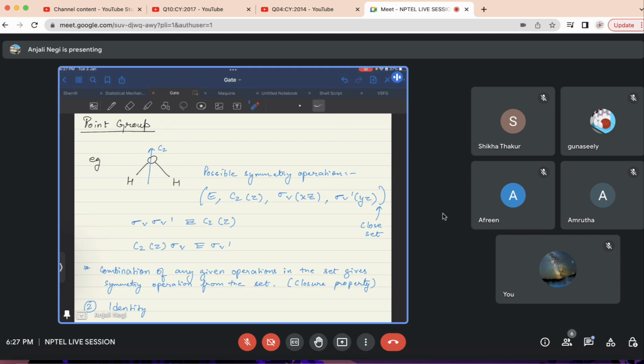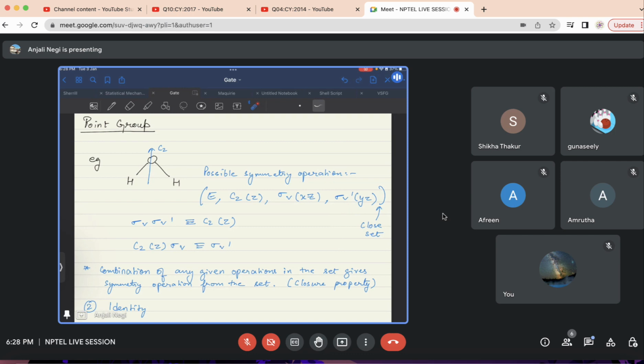If it is in the XZ direction, it is bisecting my oxygen and both the hydrogens, and that's why it is reflecting, so it is sigma V. And as you have seen in the previous video, there is another vertical plane that we can write as sigma V prime, in the YZ plane. So these are all the possible symmetry operations which are applied to the water molecule.